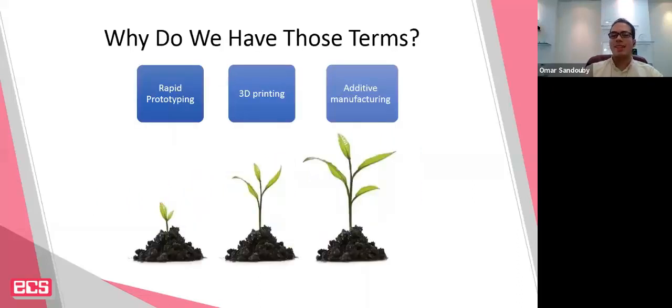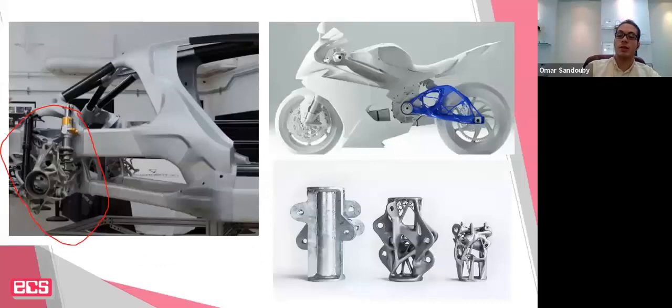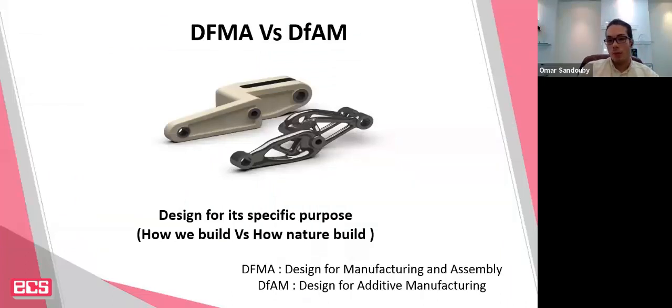We also discussed why we have such terms as rapid prototyping and how now it's better for us to call this 3D printing technology an additive manufacturing technology because of its uses in manufacturing, such as in aerospace, automobile, and the medical industry as well. And the reason why people started to consider 3D printing as a manufacturing technology and use it for those end-use applications nowadays, rather than just sticking to prototyping, is the fact that additive manufacturing brings about design freedom.